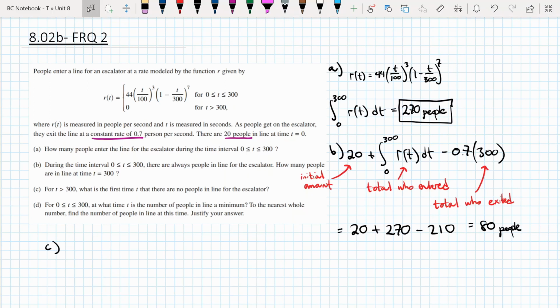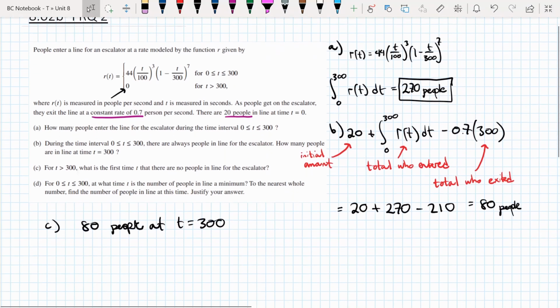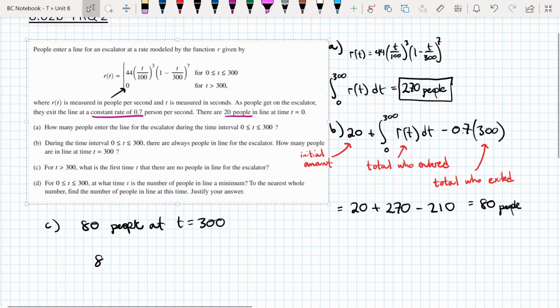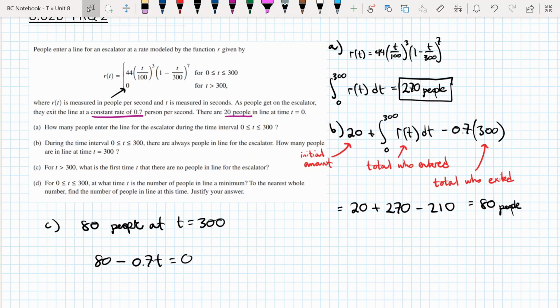So if you can imagine, from 0 to 300, there are people entering and exiting the escalator. At t equals 300, there are 80 people in line. After t equals 300, there are people leaving the line, but there's no one entering the line because of the second part of our piecewise function here. So I'm going to take the total number of people and subtract the rate at which they are leaving times t, set it equal to 0.